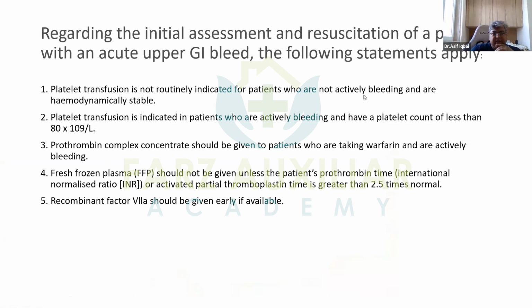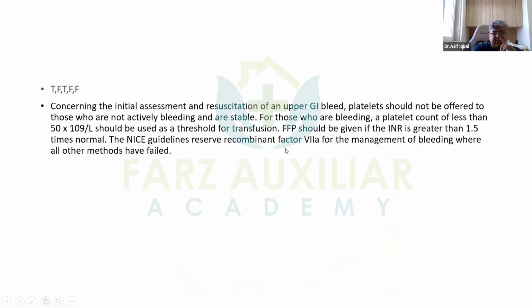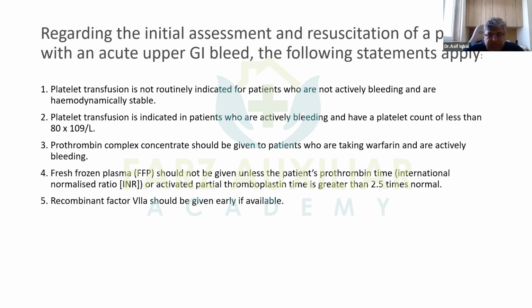Then, platelet transfusion in a patient with active bleeding: what is the threshold? The threshold is 50,000, not 80,000. So remember that the second option says 80,000, but in an actively bleeding patient the threshold is 50,000.